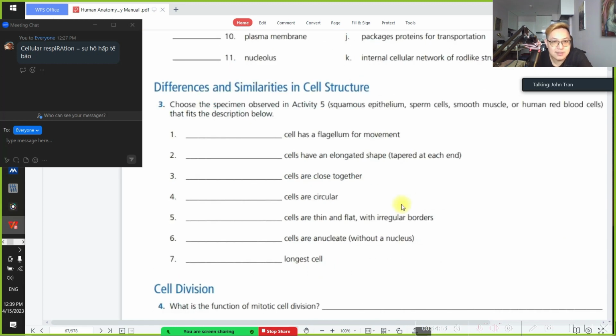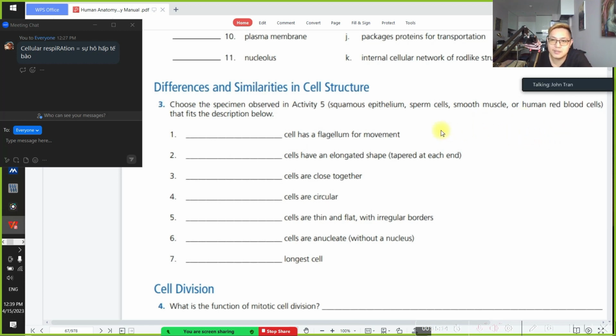Anyway, differences and similarities in cell structures, những sự khác biệt và giống nhau nè trong cấu trúc tế bào nè. Okay, you have to choose the specimen observed in activity 5, okay? So you have squamous epithelium, biểu bì mà kiểu như. I don't think you have to know this thing, no? Yeah.